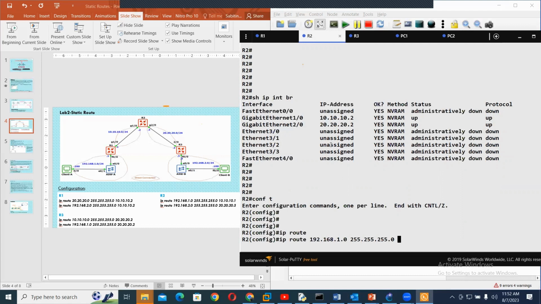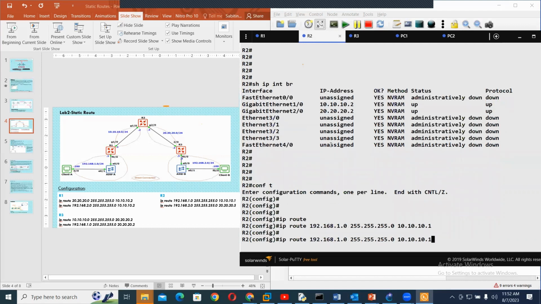Our next hop is 10.10.10.1, and our next route is 192.168.2.0 255.255.255.0.